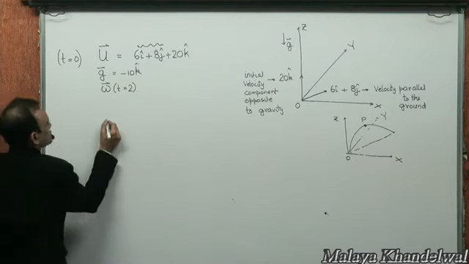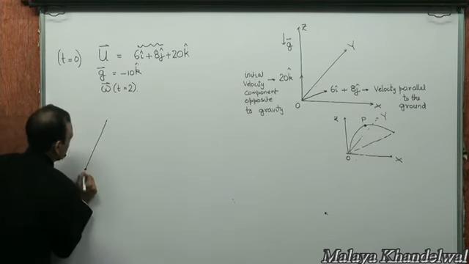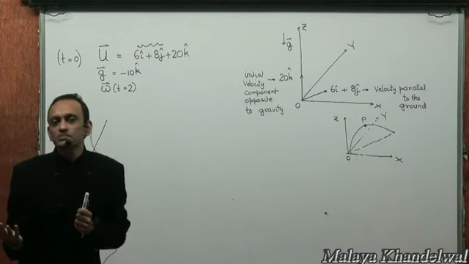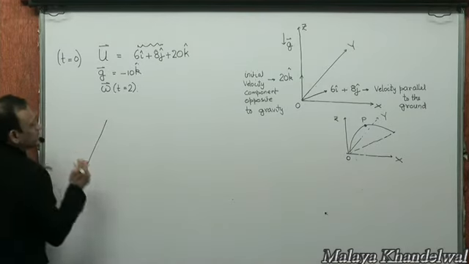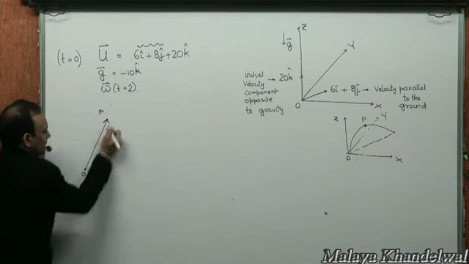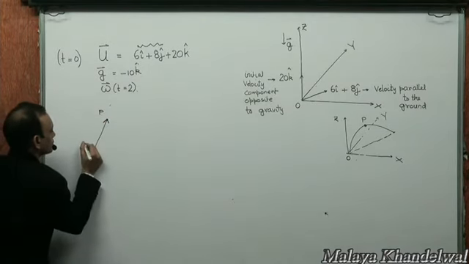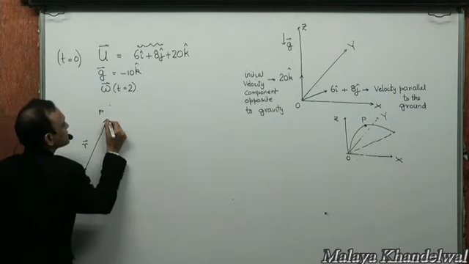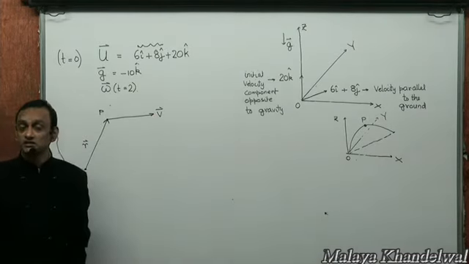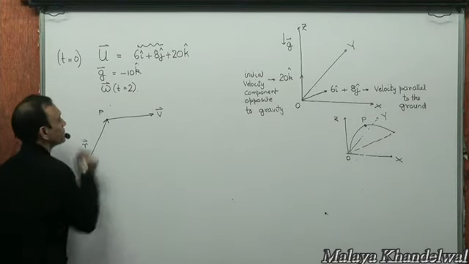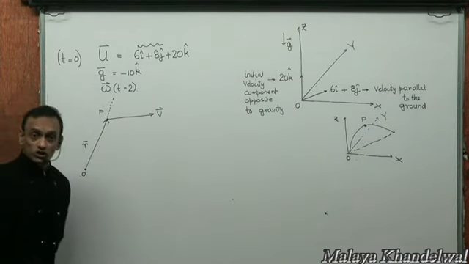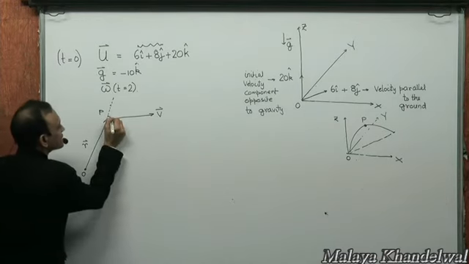In a very general sense, don't restrict yourself to imagining that angular velocity is only related to particles moving in a circle. If a particle is at a point P, whose position vector with respect to the origin is r, and it has a velocity v at a certain instant of time, then to find its angular velocity about O, suppose this angle is theta.